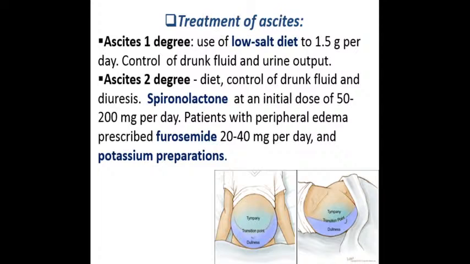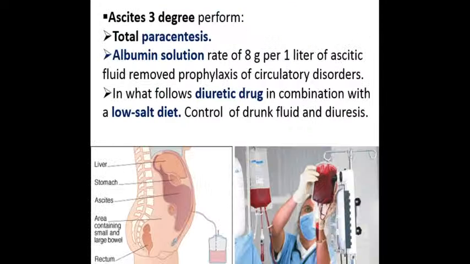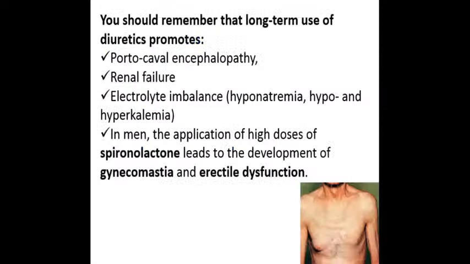If we use furosemide, we must also use potassium preparation. If the patient has ascites third degree, we must do total paracentesis, and then we must give albumin solution. And after this, we use diuretic drugs and control fluid intake and diuresis.